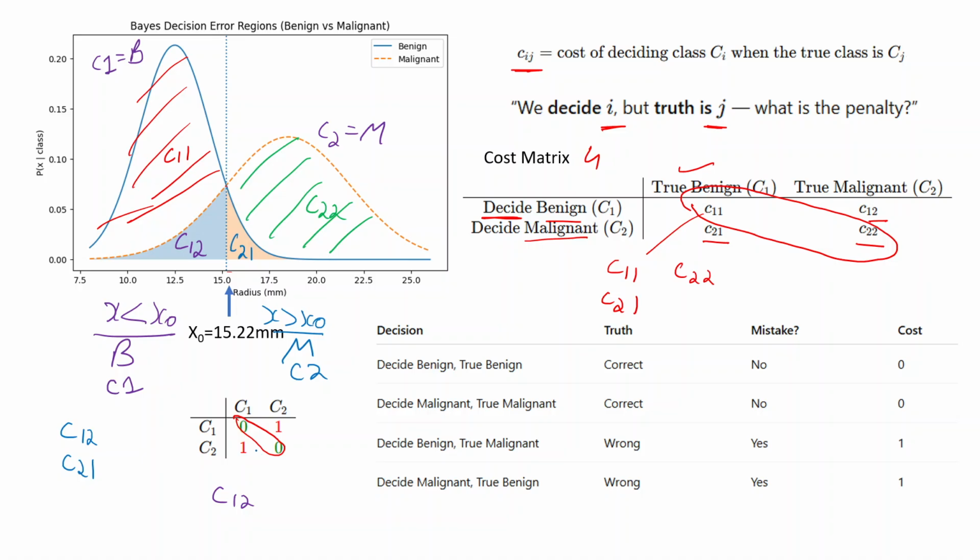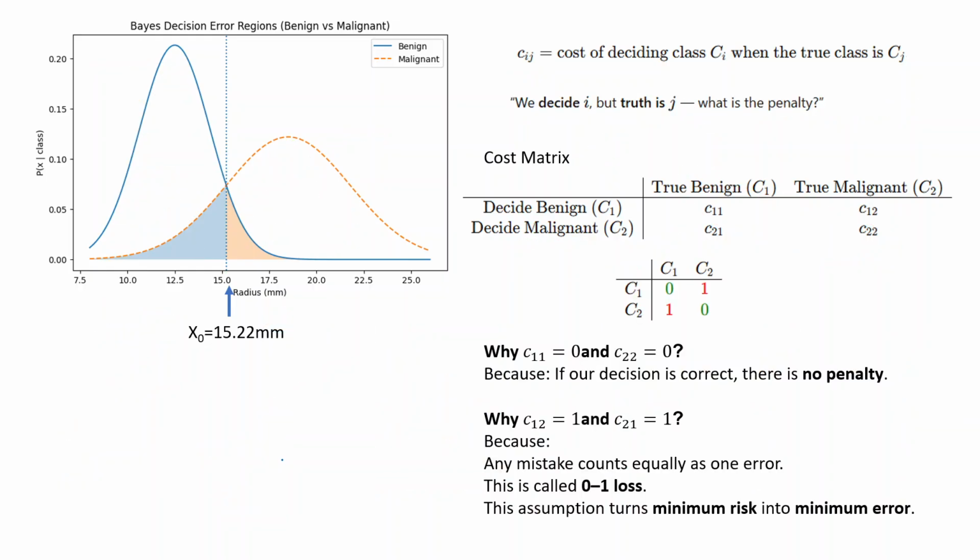For correct classification, it does not matter, therefore the cost or penalty will become 0. So C11 and C22 are 0 and C12 and C21 are 1. Any mistake counts equal as 1 error.